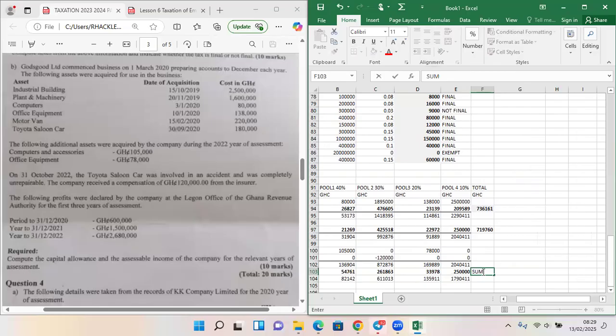So you see what we're only looking for is the capital allowances, right? We're only looking for the capital allowance. That's why I'm only adding the capital allowances.